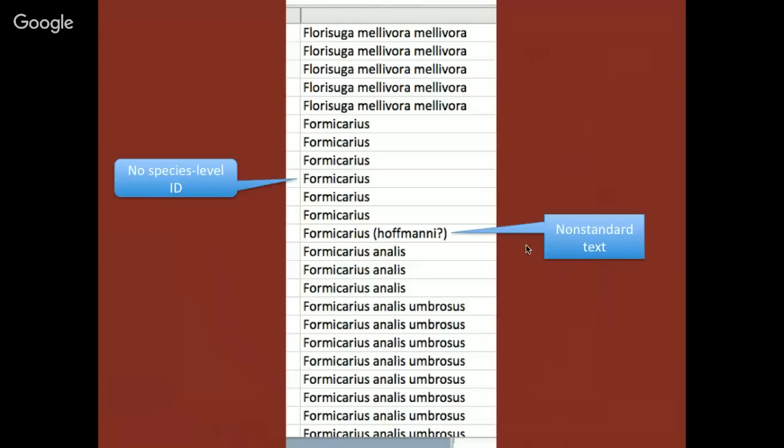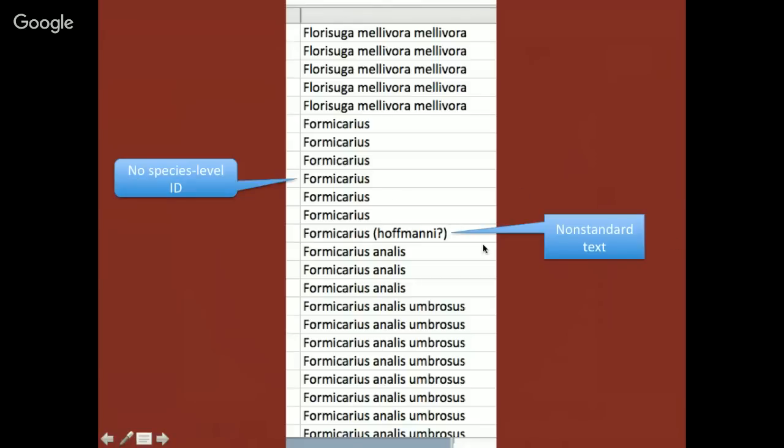And right away we see some things that are concerning. For example, here we have a bunch of records, 6 of them, that just say Formicarius. This is an ant bird, obviously given the name, but it doesn't have a species level ID. And so these 6 records are things that we would have to discard.